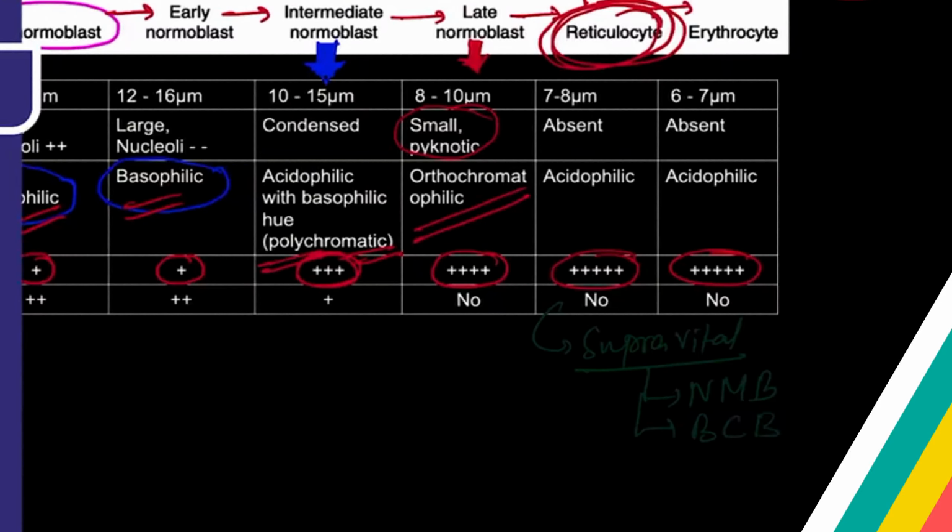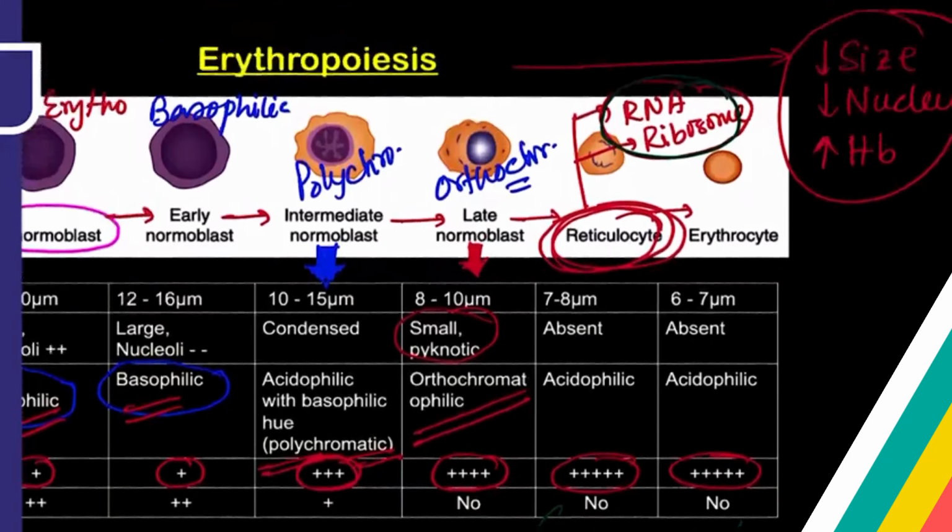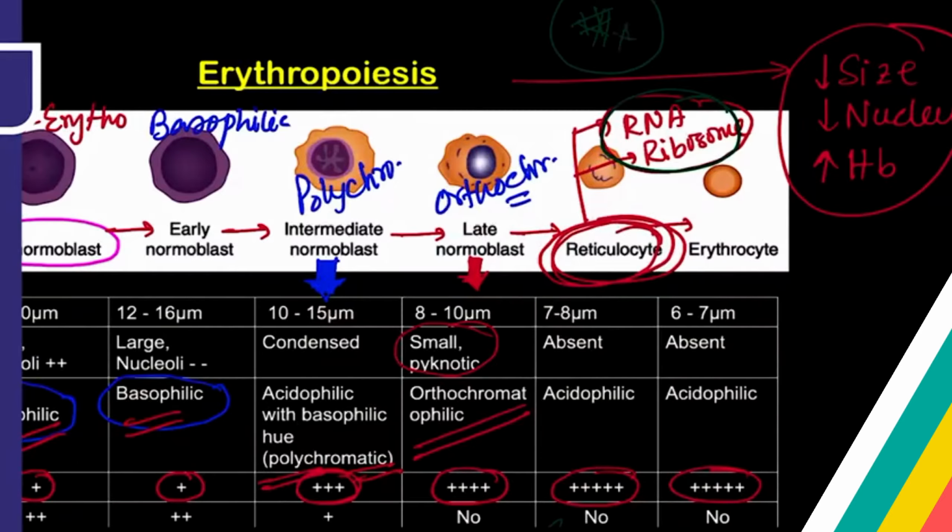These are the two supravital stains which are specially used to stain the RNA and ribosome which is present inside the reticulocyte cell. So if you stain this reticulocyte with this supravital stain, you are going to find a net-like structure. This net-like structure is due to ribosome and RNA. Because of this net-like structure, the cell is known as reticulocyte. It contains reticulum, net, right?